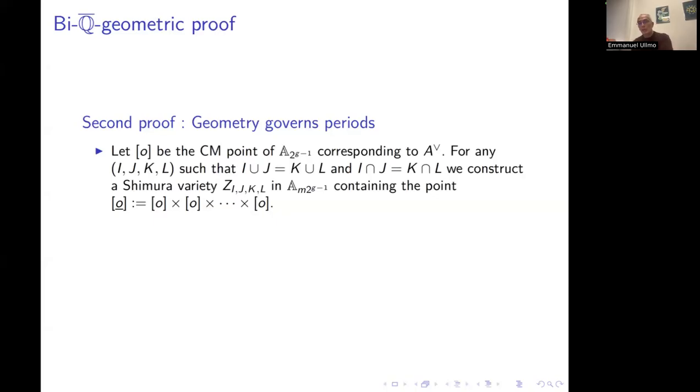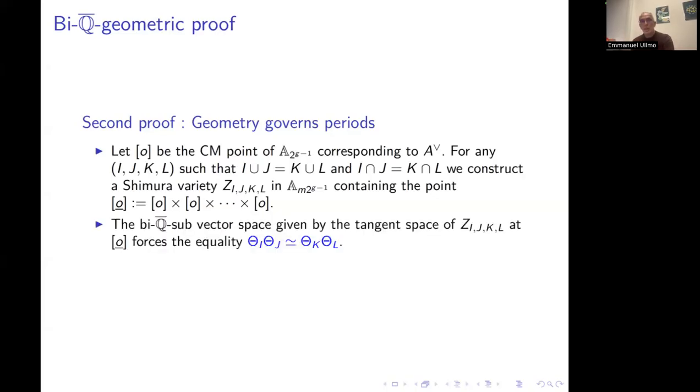As for the fact that this sub-Shimura variety exists, you look at the tangent space, and it's a Q-bar subspace, and you check that it forces the equality theta I, theta J equals theta K, theta L. So you have an algebraic way of finding this equality.